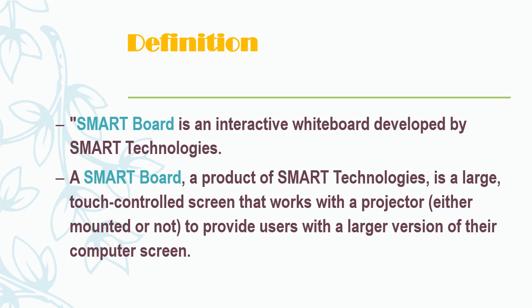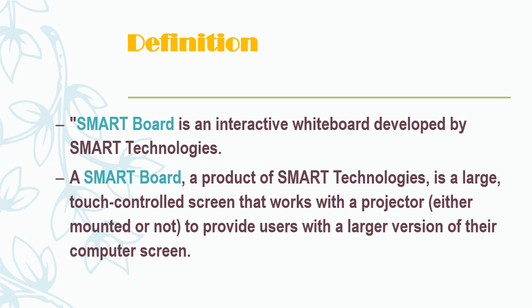A SmartBoard, a product of Smart Technologies, is a large touch controlled screen. So the screen of the SmartBoard is a touch controlled one that works with a projector. The projector is one of the main components of the SmartBoard, either mounted or not.